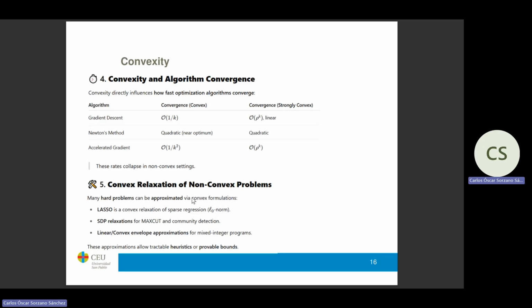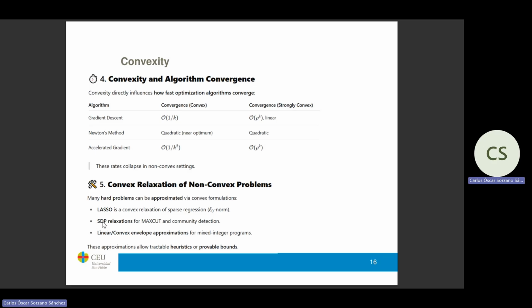This is very expensive because it is combinatorial. But then you do a convex relaxation. You substitute the L0 norm by an L1 norm, and now the problem becomes convex. You go very quickly to the optimum, and then you try to refine and see if you can find in the neighborhood some solution of the original problem, the sparse one.